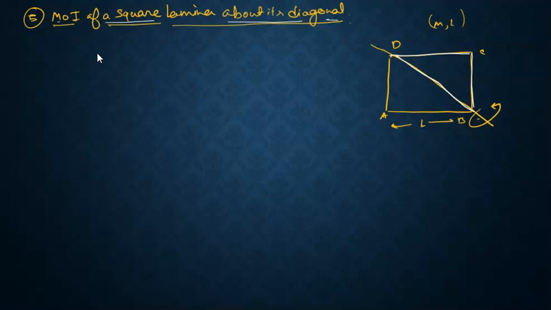As we have discussed earlier, for a triangular lamina, I equals M h square by 6 if we rotate it about its base, right?